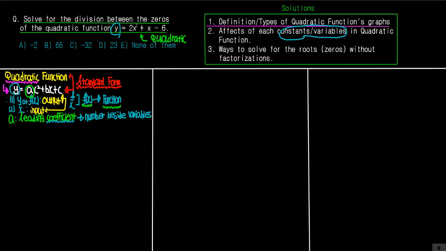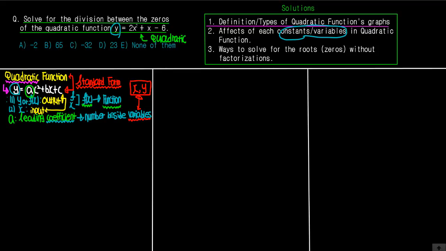Variables are numbers, or even shapes of numbers, that can change. The most basic examples of variables are the x value or y value, because they change or vary depending on the situation in our quadratic function system.